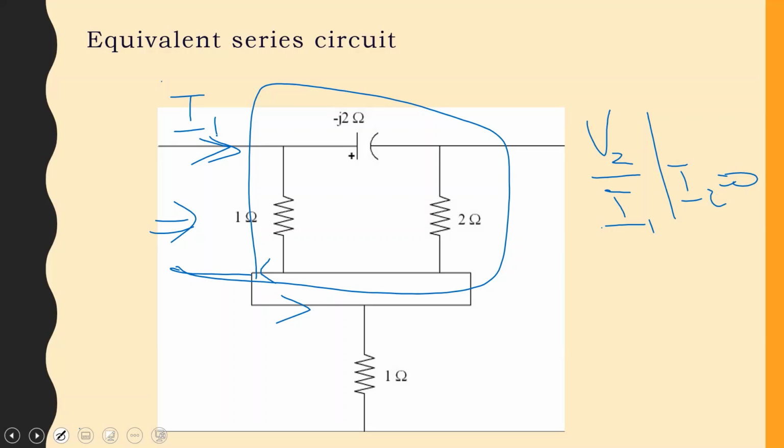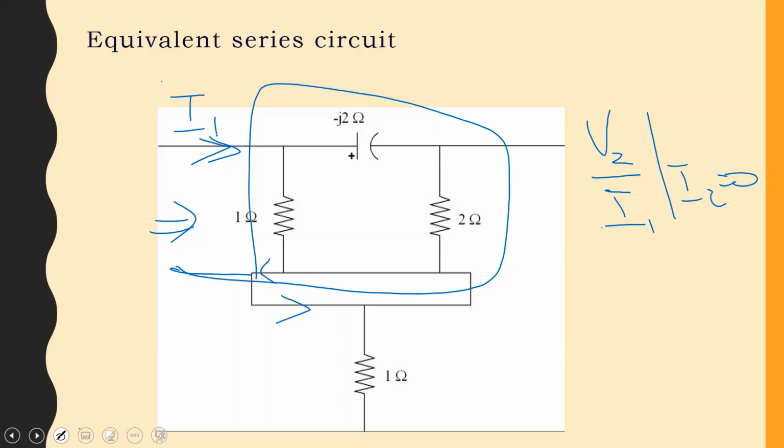So I have the 1 ohm, I have the J2, and I have the 2 ohm. What component of I1 would pass through that 2 ohm? The same that passed through minus J2. So how do we find that then?